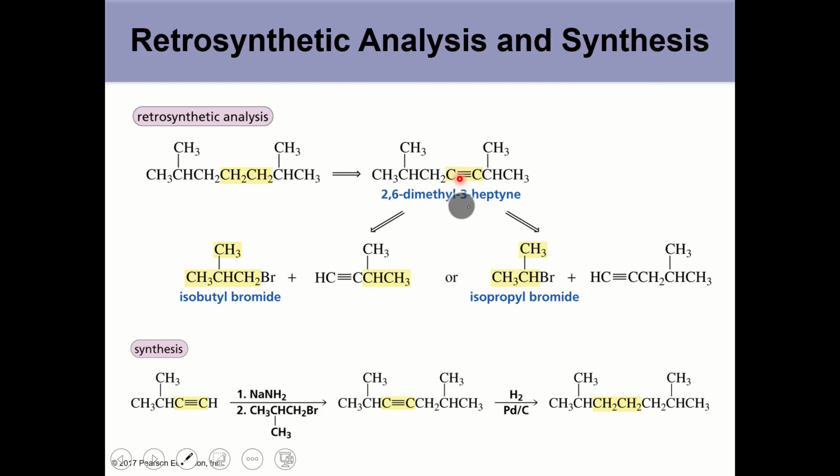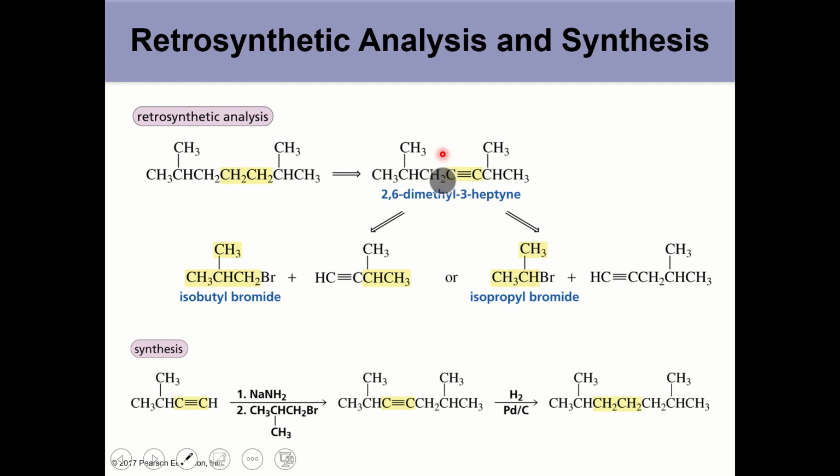So if the alkyne is at this position and they break it on the right side, then we're going to have our alkyl halide as the isopropyl bromide and our alkyne as this 1, 2, 3, 4, 5, 4-methyl 1-pentyne.